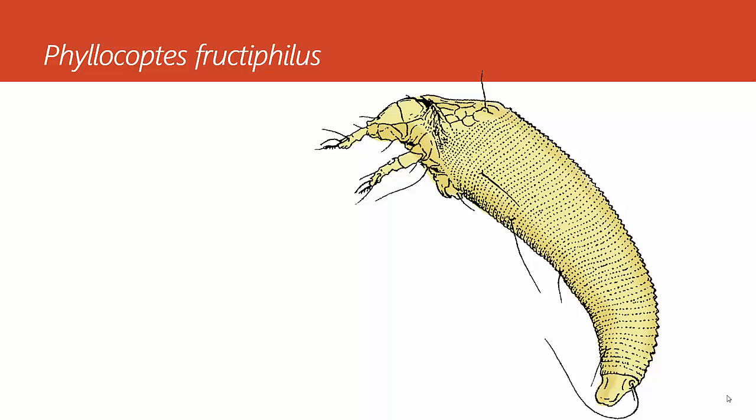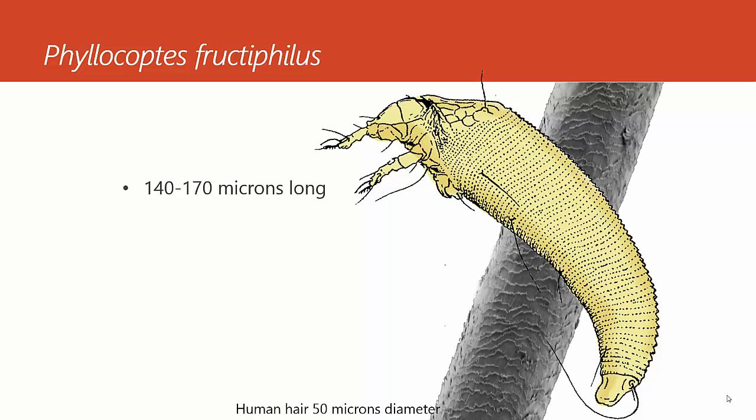So this is Phyllocoptes fructiphilus. It's about 140 to 170 microns long. Now, a micron is one of those measurements of length that's really hard for us to conceive. But to give you a little bit of perspective, a human hair is about 50 microns in diameter. So the width of these mites is about the same as the width of a typical human hair.